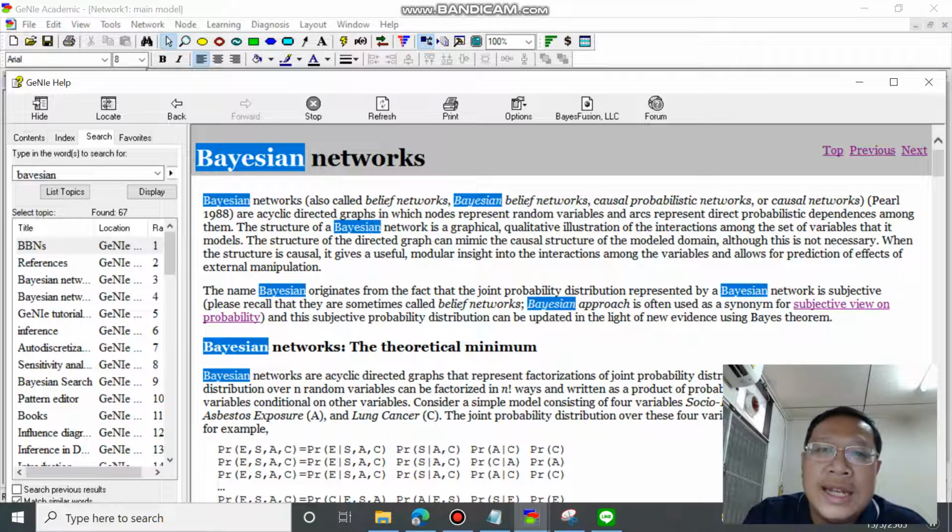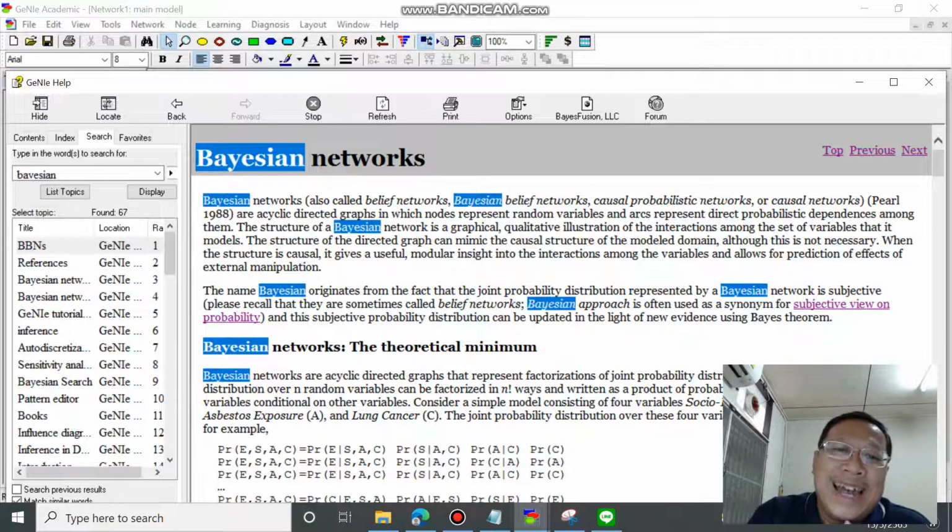Don't forget that it relates to probability theory. Could you still remember a few weeks ago I talked about the model, and we have two different types of model. I will go back and repeat it again: deterministic model and probabilistic model.